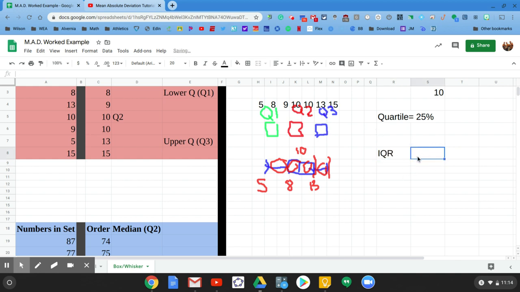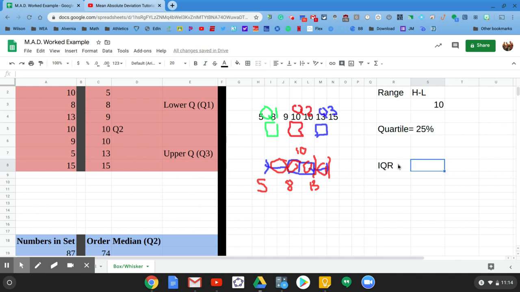When we get to interquartile range, all we're doing is calculating the distance of the box. So that would be looking at quartile 3 and then subtracting quartile 1. That is how we calculate our interquartile range.